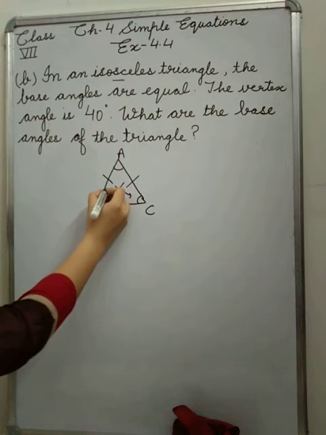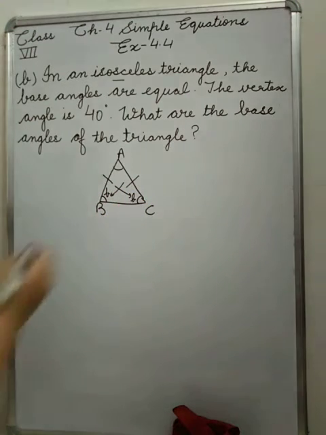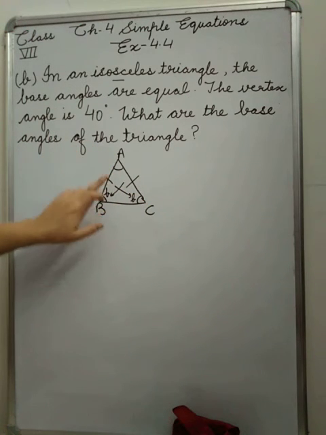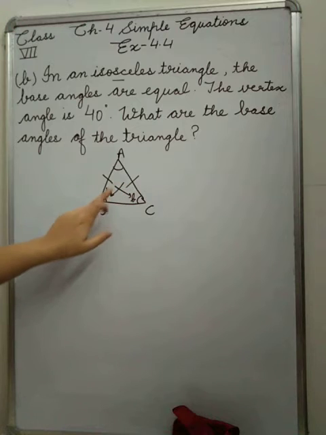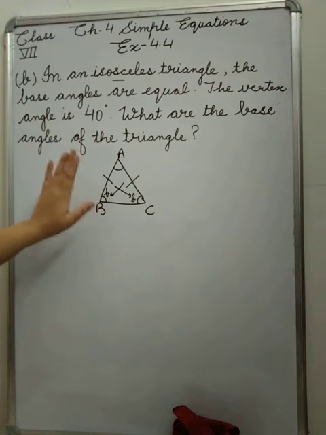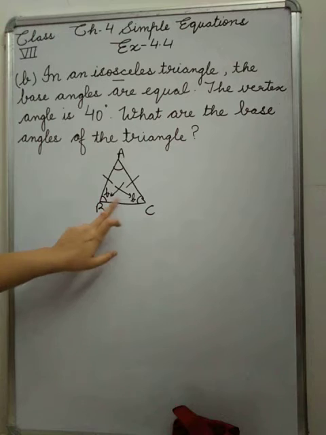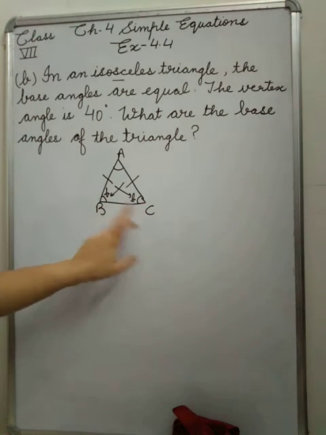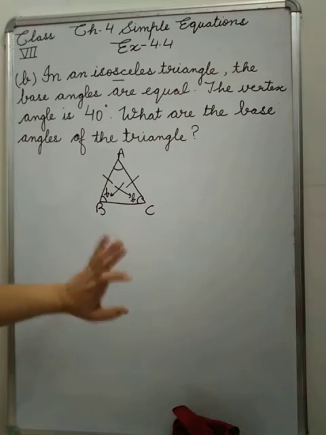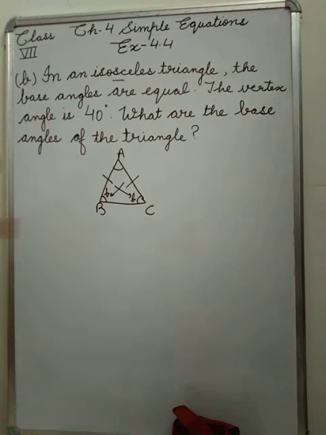So we will let the base angles be B and B, because the angles opposite to equal sides are equal. That means angle B and angle C are equal, because this is the property: angles opposite to equal sides are equal.